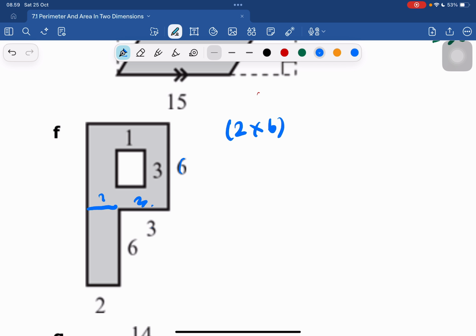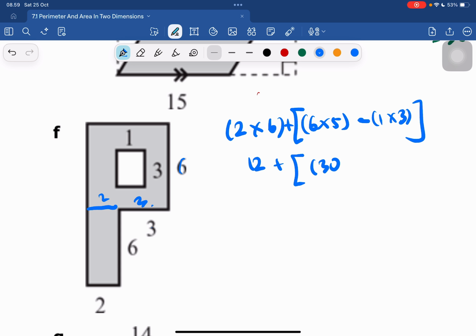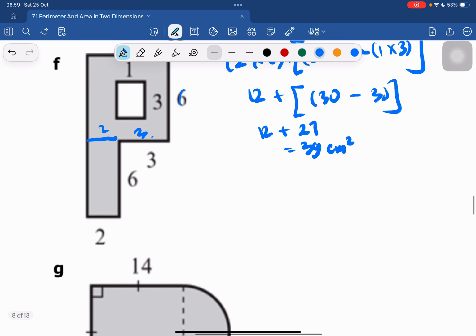Okay, 3 and 2, 5. So 6 times 5, but we need to minus the small 1 times 3. So it's going to be 12 plus 6 times 5 is 30 minus 3. So 12 plus 27. So this will give us the answer of 39 centimeter square.